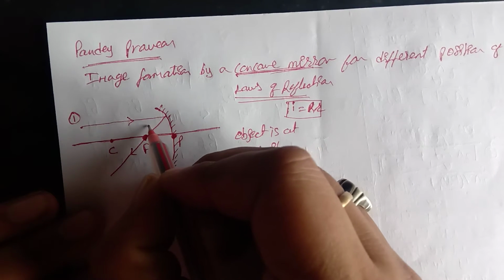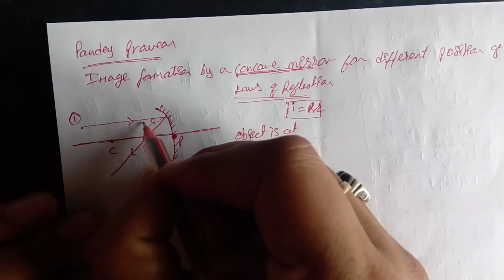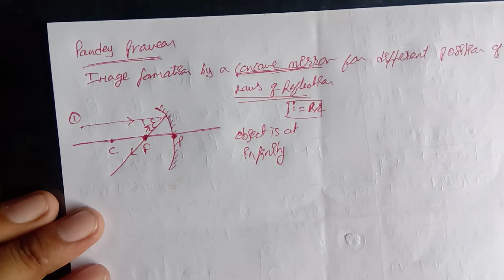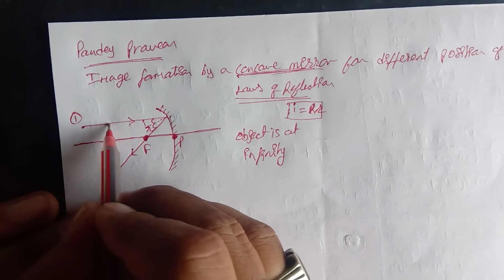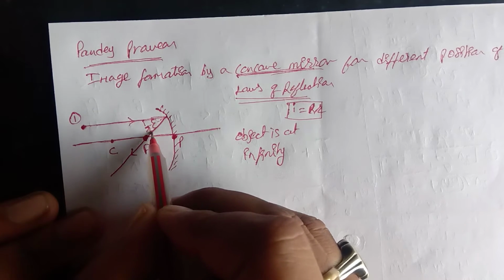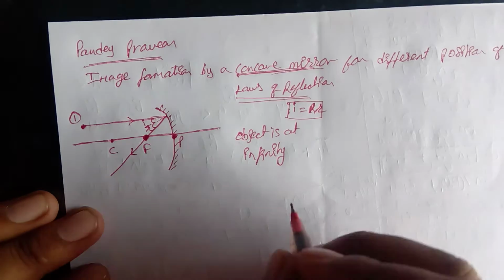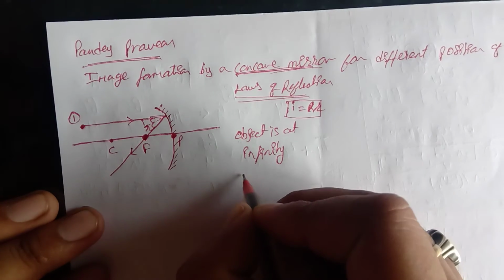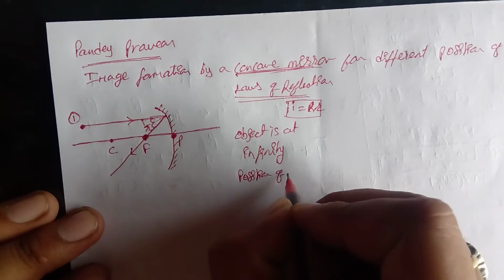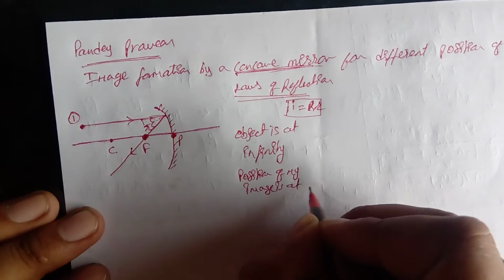Now remember that angle of incidence i is equal to angle of reflection r. So if my object is somewhere at infinity, then surely my image would be formed at the focus. So we can say that the position of my image is at focus.